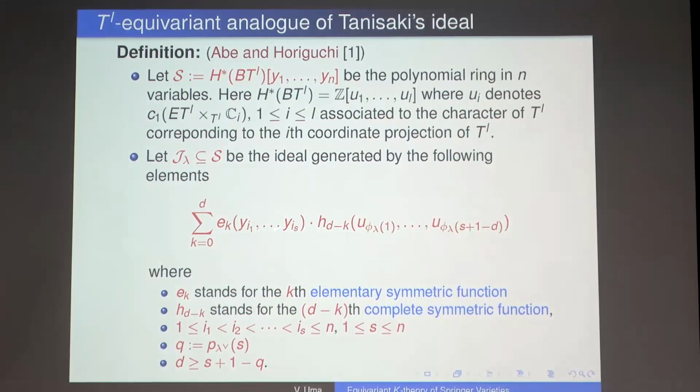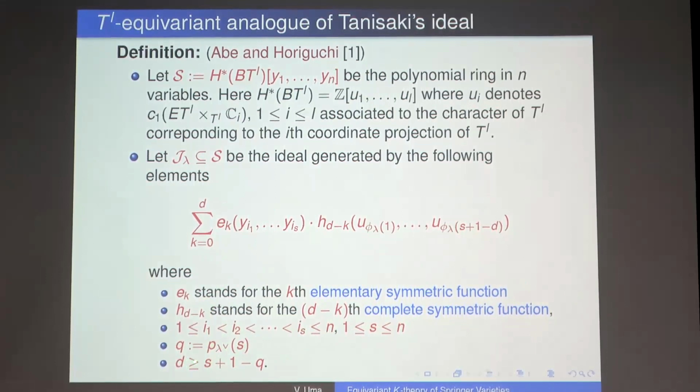The e_k are the kth elementary symmetric functions, and h_{d-k} are the complete symmetric functions, so the d minus kth complete symmetric function, and this s varies from 1 to n, all possible. And we are just taking some increasing sequence between 1 to n, i1 less than i2 less than is. And q is just a notation for p lambda checkers, which we already defined. It just makes it simpler to define, so call it q.